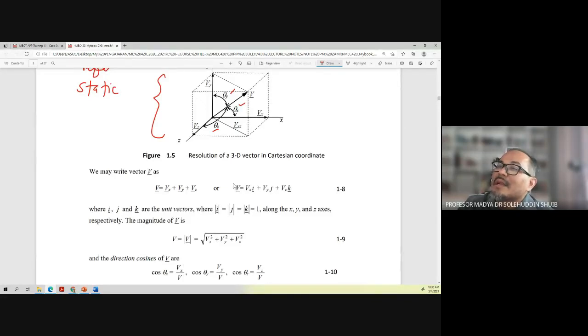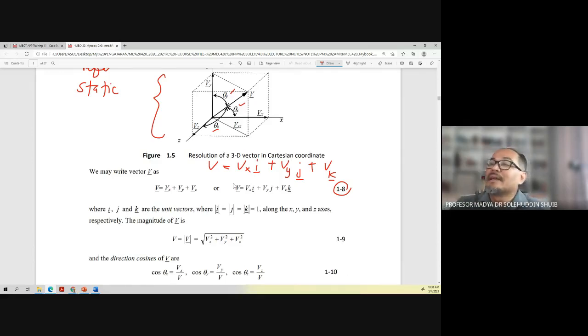So we start with this vector, we write this vector in terms of v. We can write v equal to vx in terms of unit vector, plus vy, plus vz k. Okay.